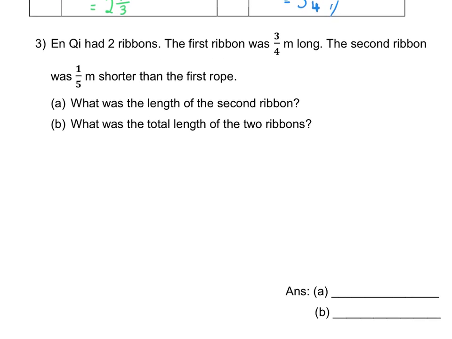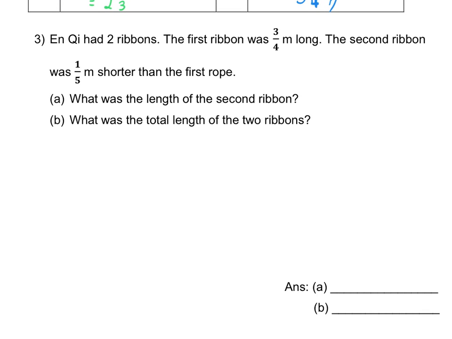Let's go on to question 3, which is actually a word problem. Auntie had 2 ribbons. The first ribbon was 3/4 meters long. The second ribbon was 1/5 meter shorter than the first ribbon.